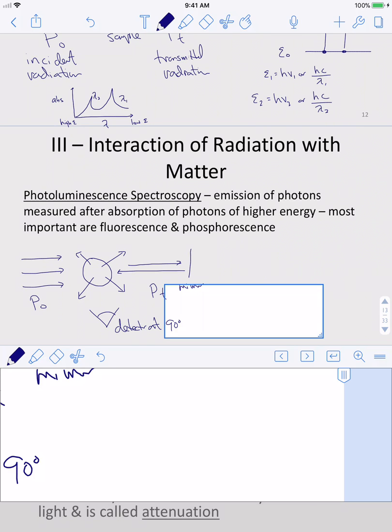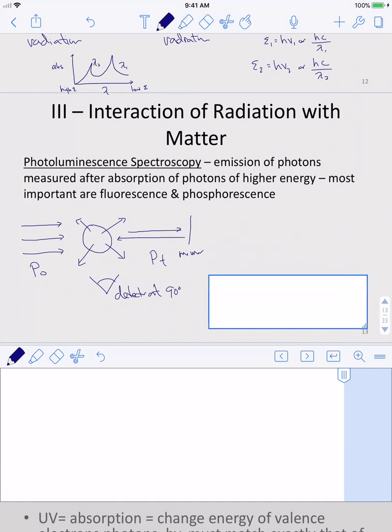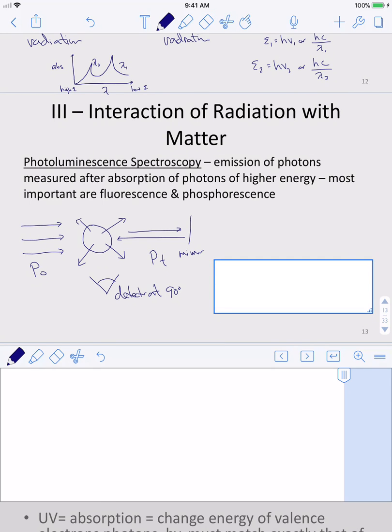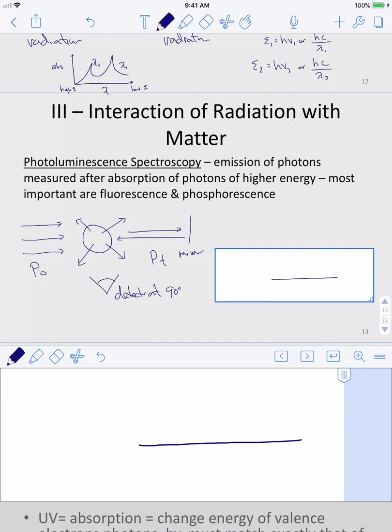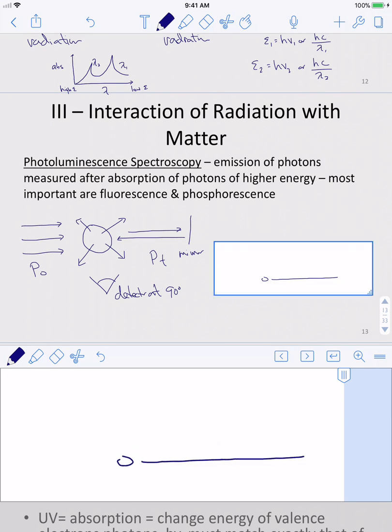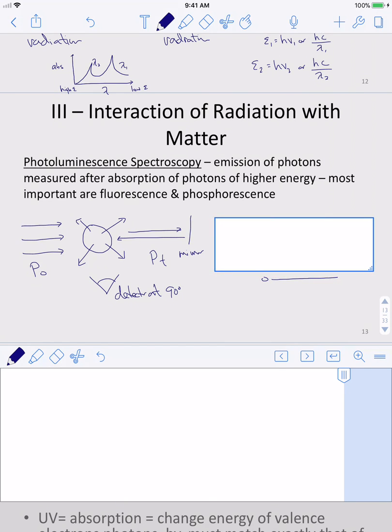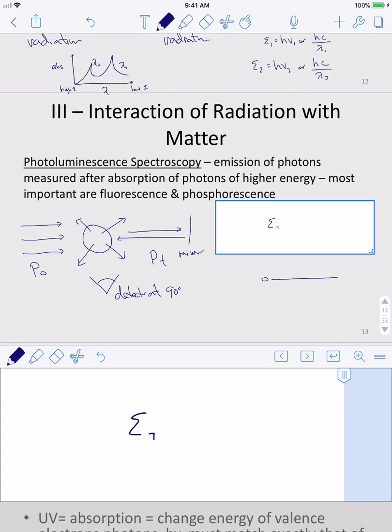All right, so in an energy diagram, what's happening here is that we have ground state here, and then we have some excited states. So let's say this is E1 and E2.